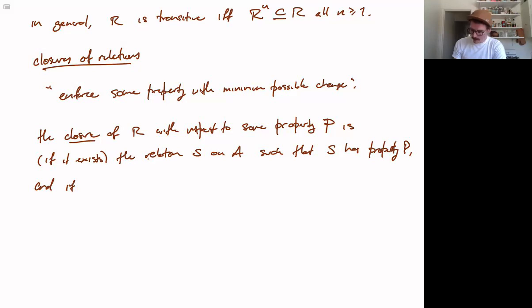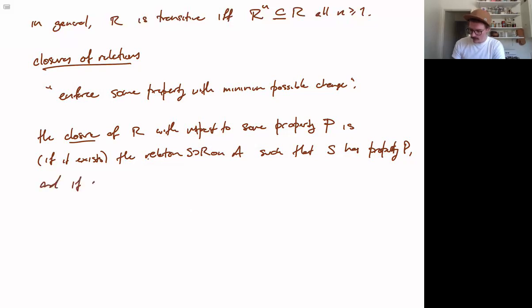So if R is a subset of T, wait, excuse me. I want to say that S contains R. So it's a relation that contains R and that has property P and that is minimal with respect to those requirements.